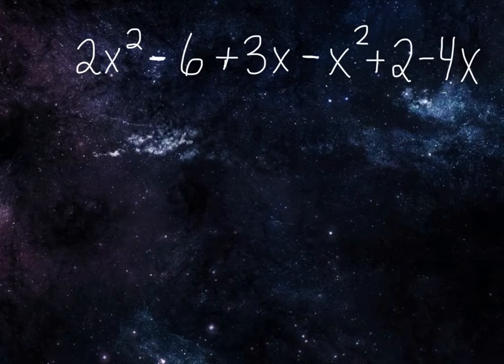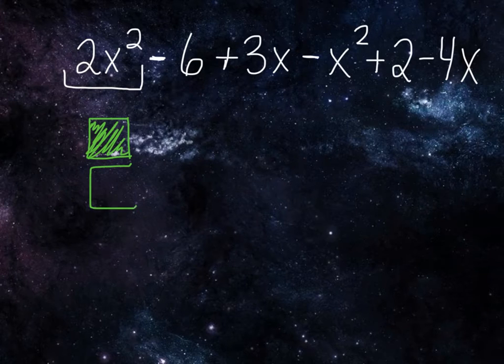Here's a nice long polynomial that we need to simplify by combining our like terms. So let's go ahead and start drawing out each term. Our first term here is positive 2x squared. And I know it's positive because there's no negative symbol in front of it. We're going to draw that by drawing 2 x squared drawings. And from the legend above, we decided that x squared would be my big green squares.